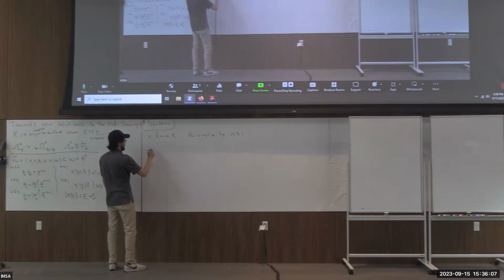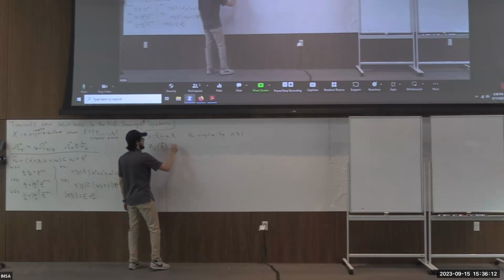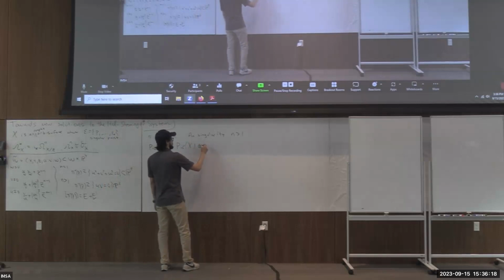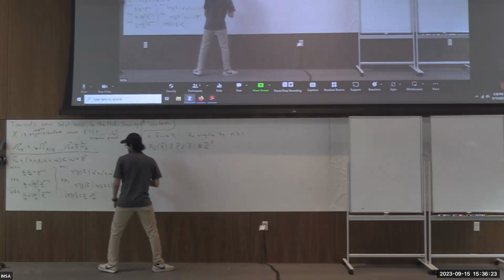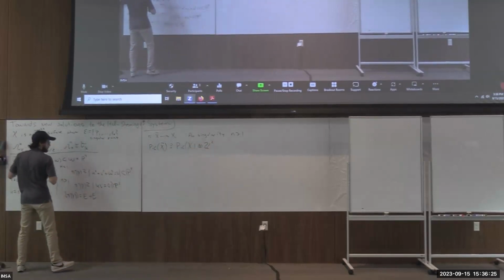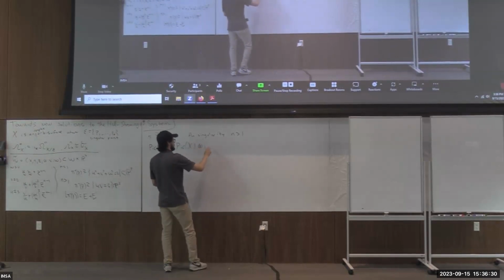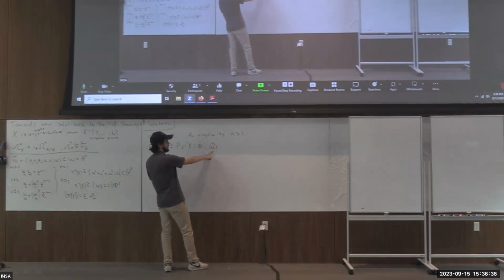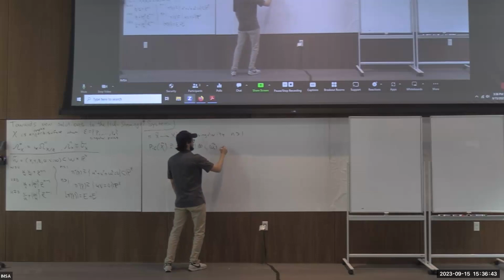So let's say I have that the Picard group of X tilde is going to be the Picard group of X plus Z^2, where actually we can write it right away. Let's say this is generated by the line bundle generated by the hyperplane, and the exceptional divisor.